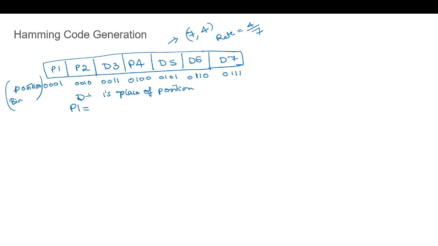Here in the one's place it is 1, so D3 exclusive OR with D5, where also the one's position is 1, exclusive OR with D7. Then to generate P2, it will be the bits with 1 in the 2's place.